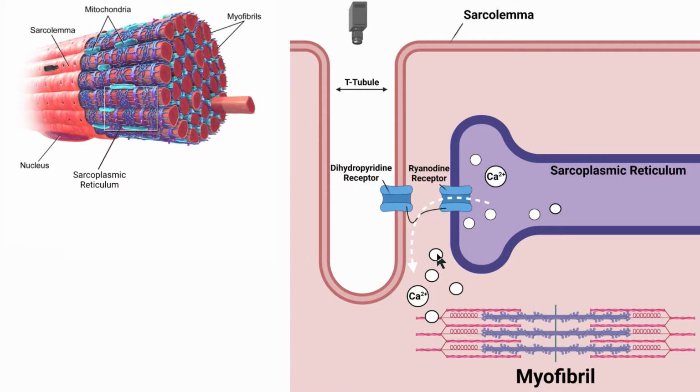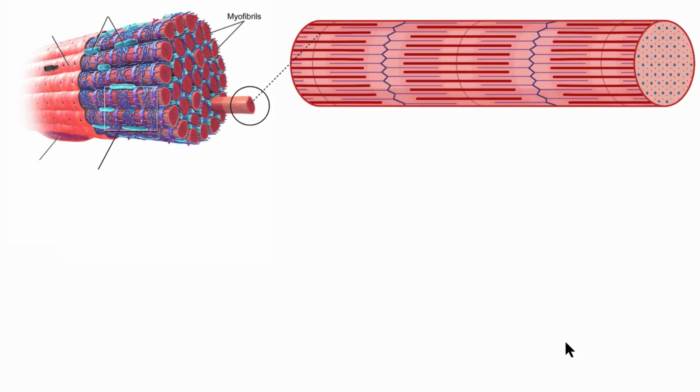That calcium ends up interacting with a series of structural proteins that allow for muscle contraction. So really, this is called a sarcomere, but sarcomeres make up a myofibril. I mentioned myofibrils earlier, so let me go ahead and go back and touch on what myofibrils are.